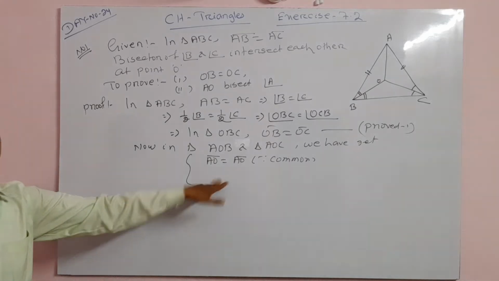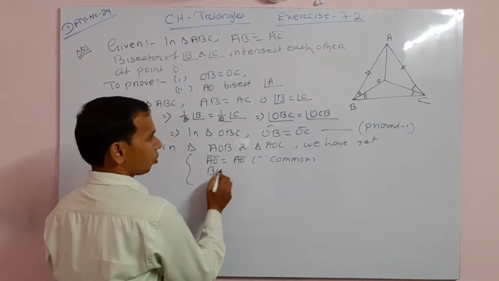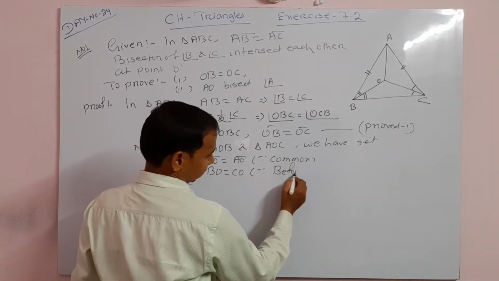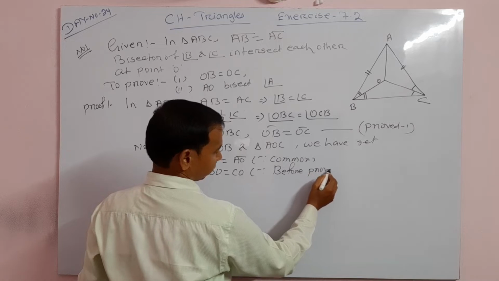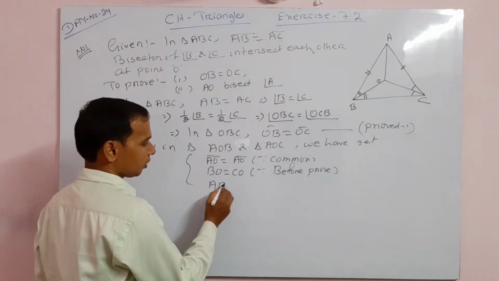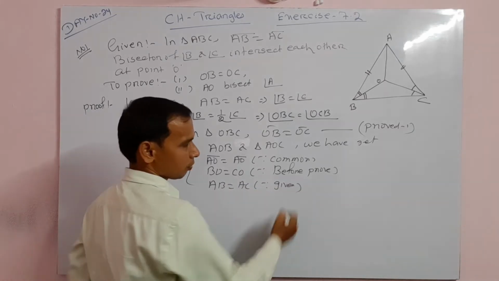So AO equal to AO common. Second, BO is equal with CO because we already proved this before. And third bit here, AB is equal with AC because given.